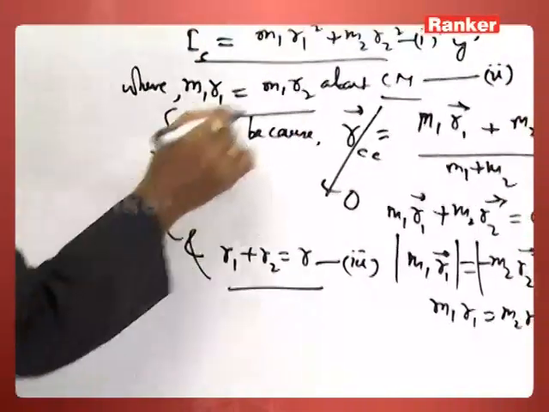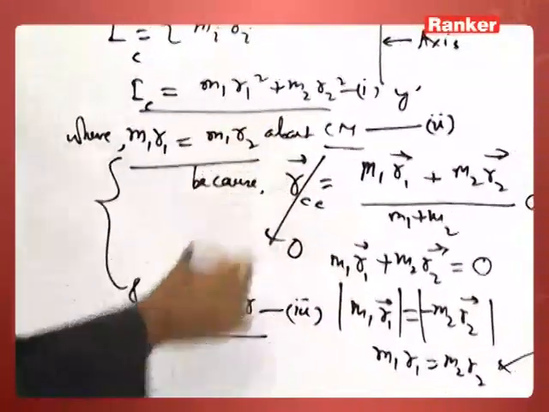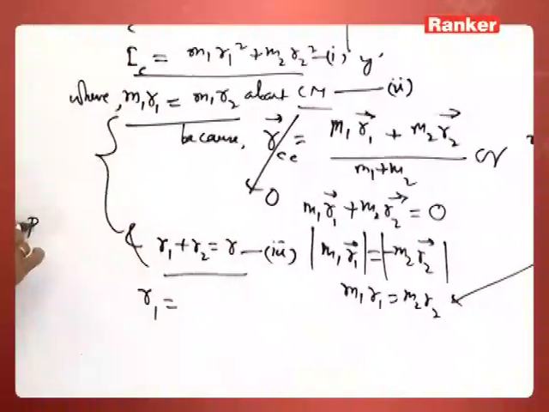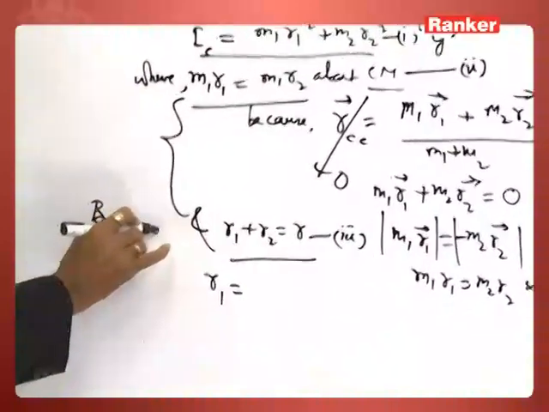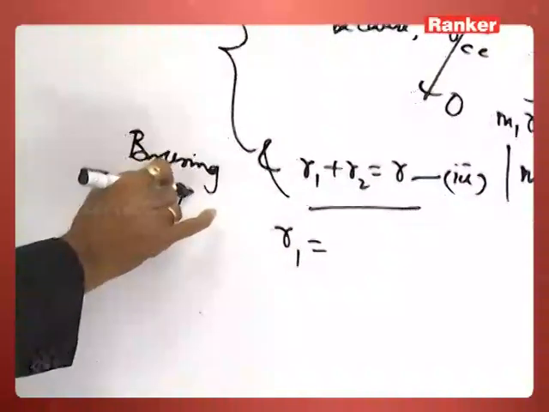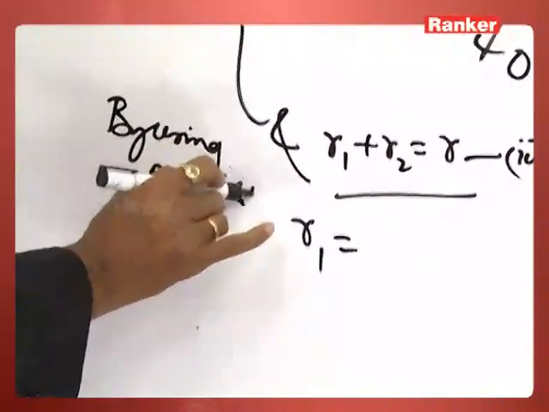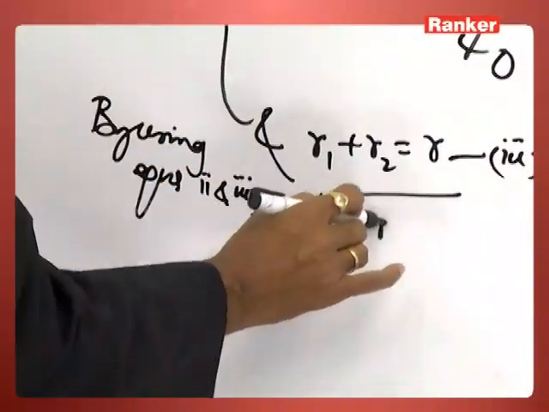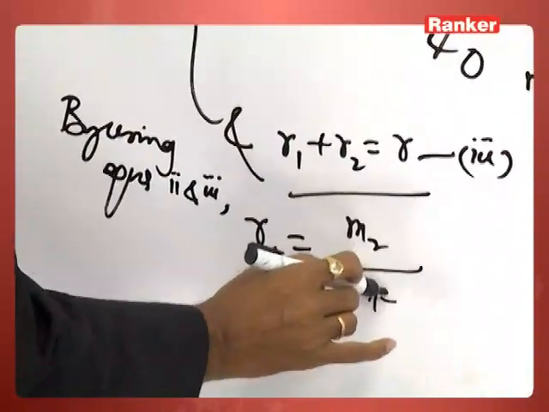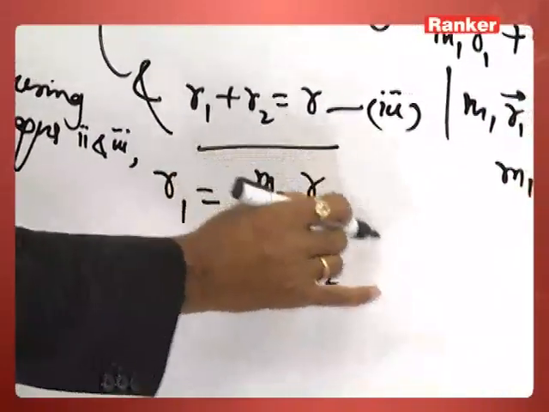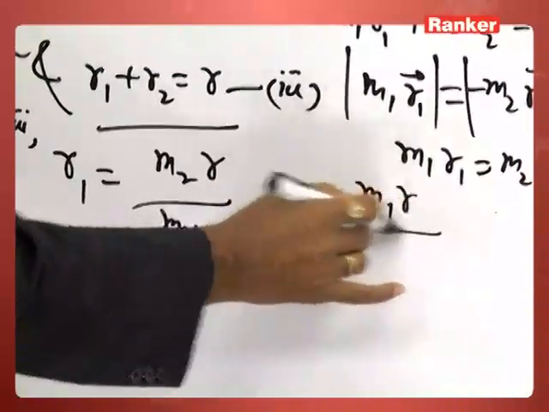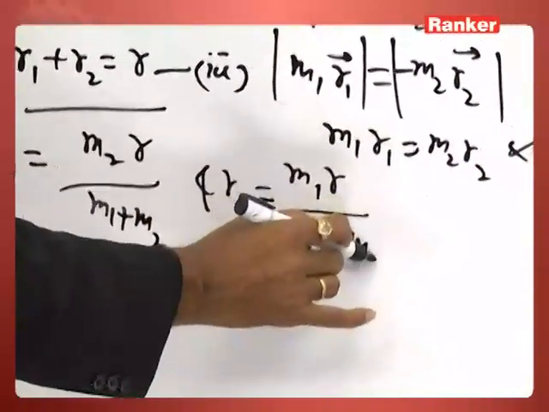Or when you are using these two expressions 2 and 3, by using equations 2 and 3, we have R1 is equal to M2 by M1 plus M2 into R and R2 is equal to M1 R by M1 plus M2.